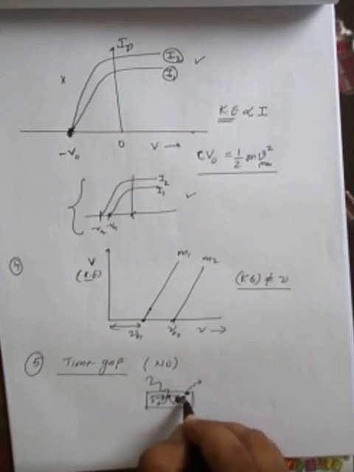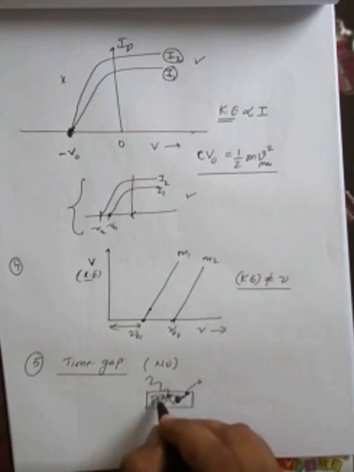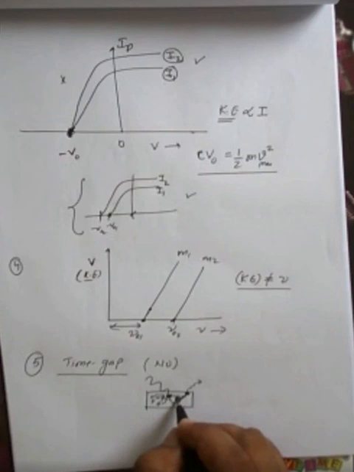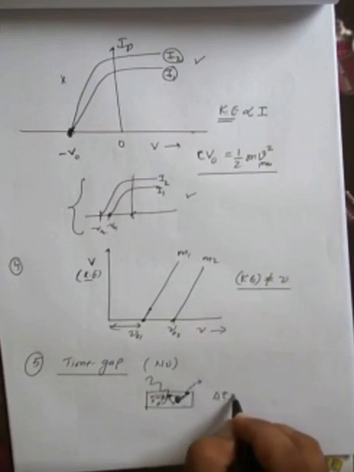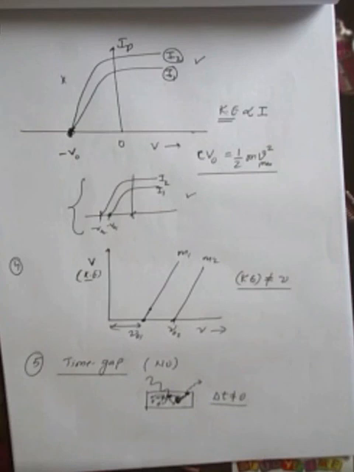Because the energy is distributed among all the electrons, these electrons will take some time to gain a sufficient energy. It means there would be a finite time gap delta t between the incident radiation and emission of the photoelectrons from the photosensitive material.